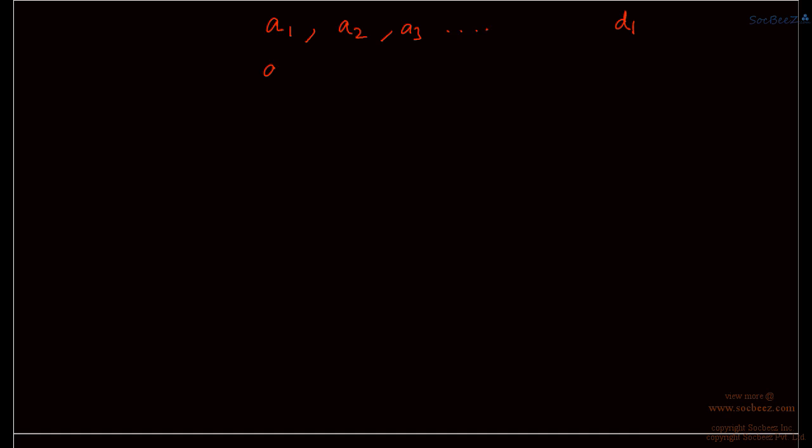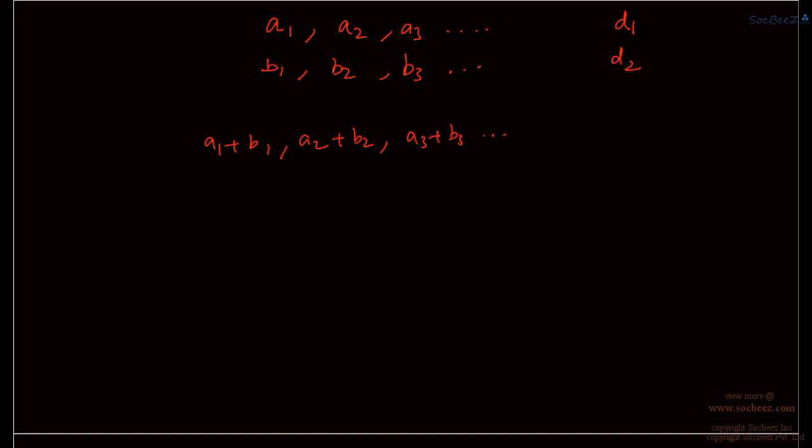Similarly, if you have the second series, suppose B1, B2, B3, and here the common difference was D2. Now if you add these 2 series, what do you get? You get A1 plus B1. The second term is A2 plus B2. Similarly, the third is A3 plus B3.